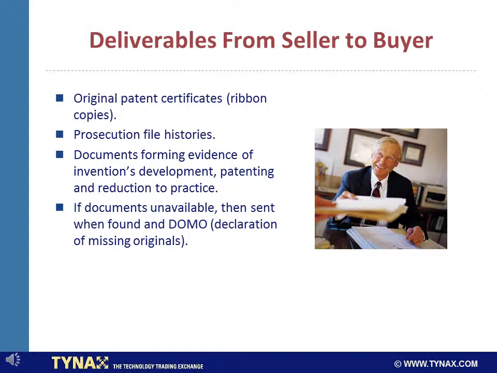If the seller made products, prototypes, product designs, or any other attempts to practice the inventions, these are made available to the buyer. Of course, documents are sometimes lost or misplaced. If any documents are unavailable, the seller agrees to send them to the buyer if they later turn up, and signs a document called a DOMO, a Declaration of Missing Originals.